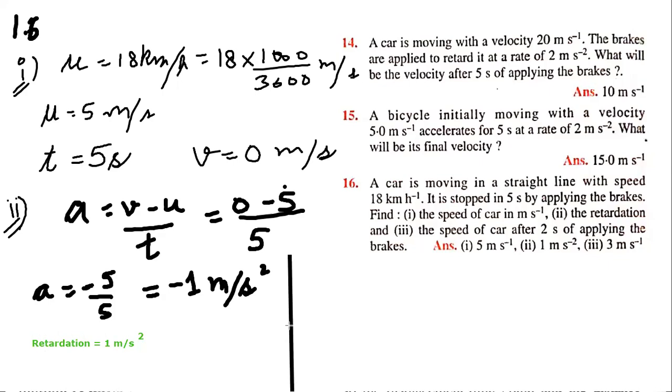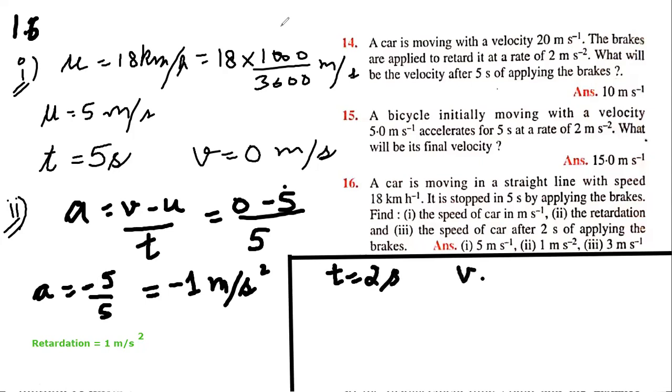So children, further they are asking, find the speed of the car after 2 seconds of applying the brakes. So after 5 seconds, the velocity is 0, but they are asking what happens after 2 seconds. So you have to find the final velocity after 2 seconds. Again using the same formula, a is equal to v minus u by t.